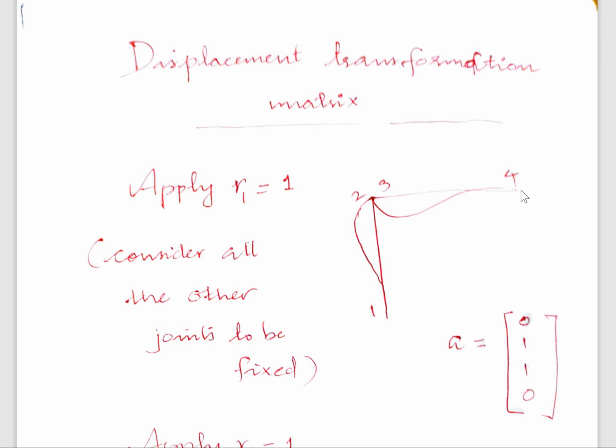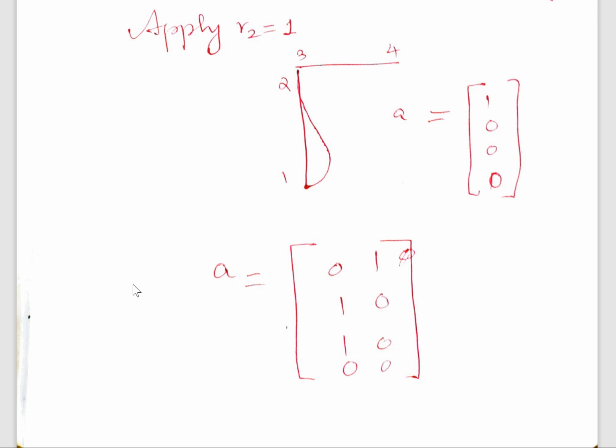Now to obtain the second column we have to apply R2 is equal to 1, that is a unit rotation at A. Then the first coordinate is 1, the second coordinate is 0, the third coordinate is 0 and the fourth coordinate is also 0, because all the other joints are assumed as fixed.